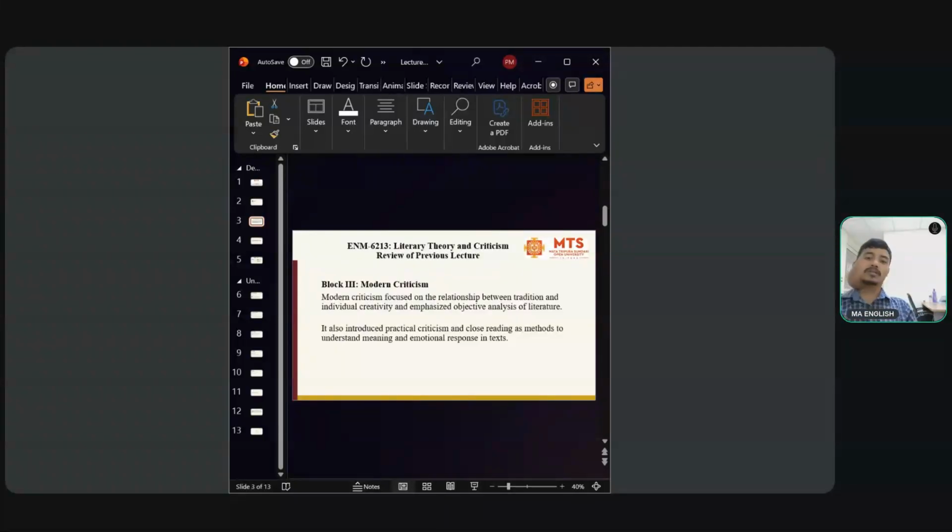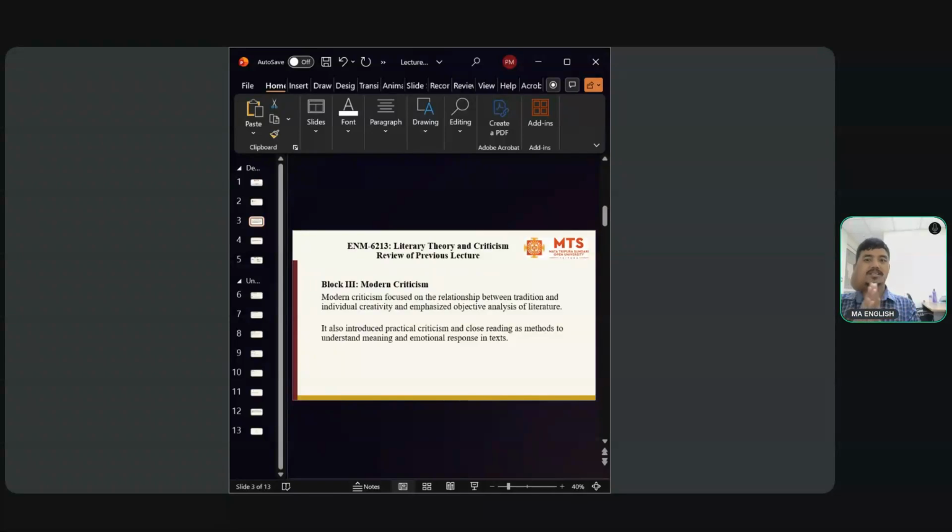One of the most important principles of modern criticism was the idea that literary works should be understood and evaluated on their own terms, not based on the life of the author or the historical period, but through a careful and objective analysis of the text.